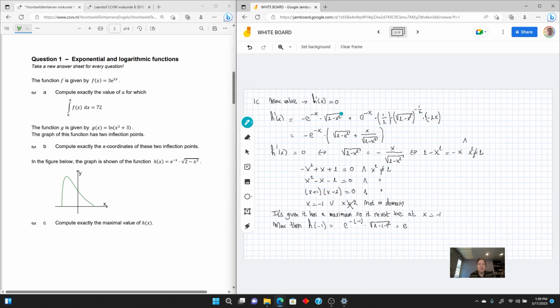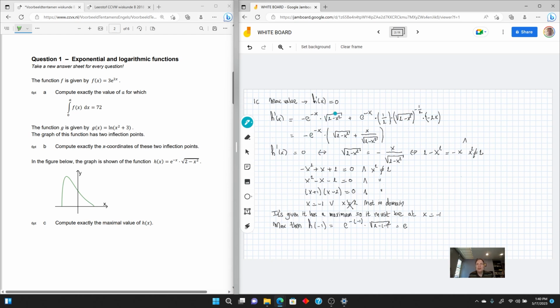Okay, moving on to C. Compute exactly the maximum value of h(x) of this function h given here. The derivative can be found by just using the derivative of a product of two functions.